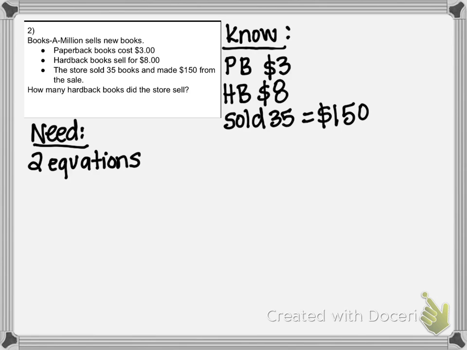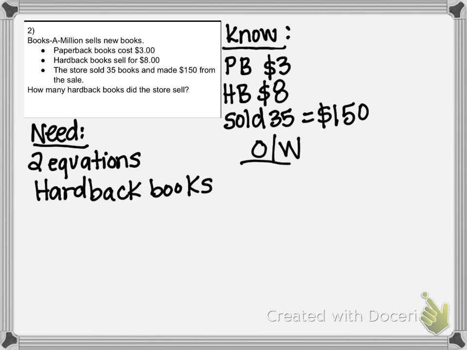So we're looking for hardback books. Alright, so the first thing I'm going to do with my organizing work is define my variables. So I'm just going to say that X is going to be the number of paperbacks and Y is going to be the number of hardbacks.